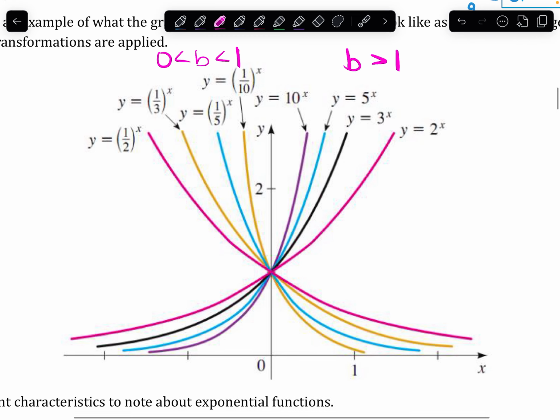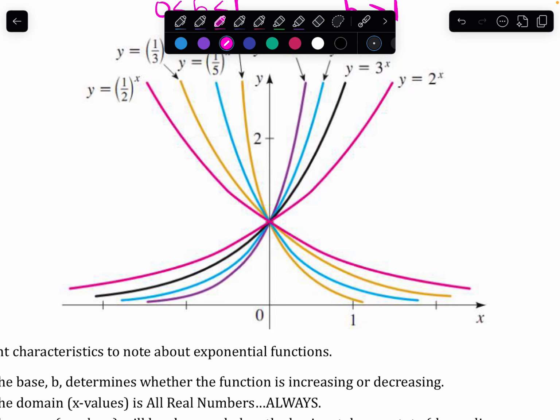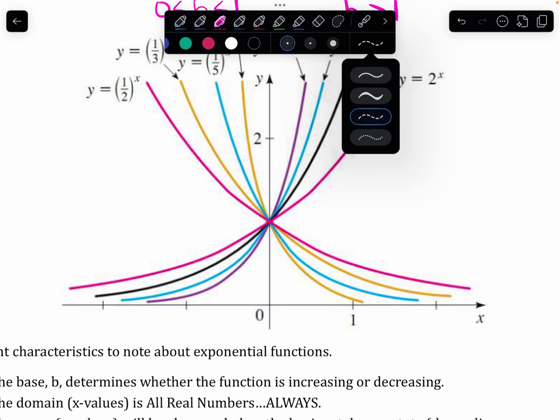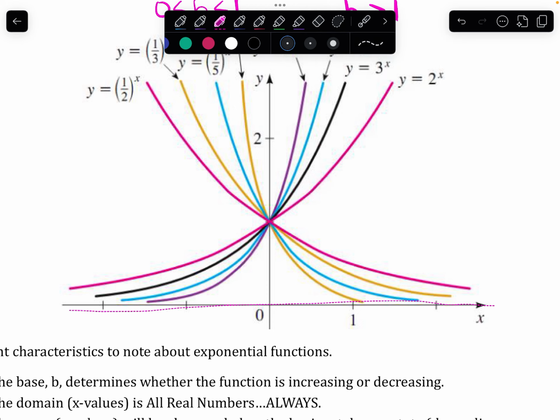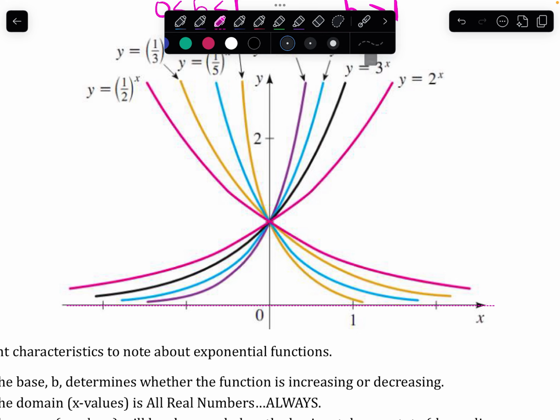All exponential functions level off or go flat at a horizontal asymptote. So all of these, because they have not been shifted around, have horizontal asymptotes at y equals 0, but we'll go over in just a second how to figure out where your function is going to level off. So I got that drawn in.